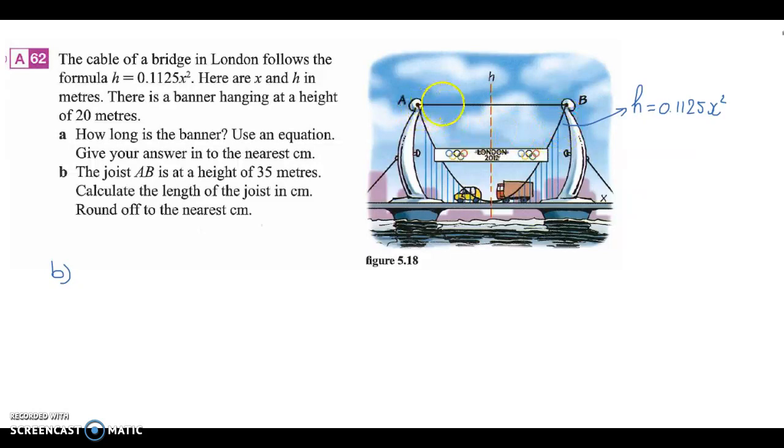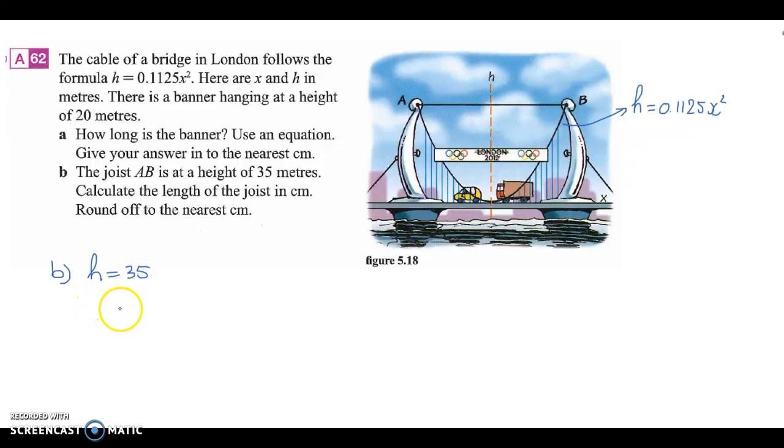So here we have to calculate this length from A going to B. Basically, this exercise has the same steps as you have to take at 62A. Only here the height is different. That was 20, now it's 35. So they're telling us that the joist has a height of 35 meters. So we know the height is 35.